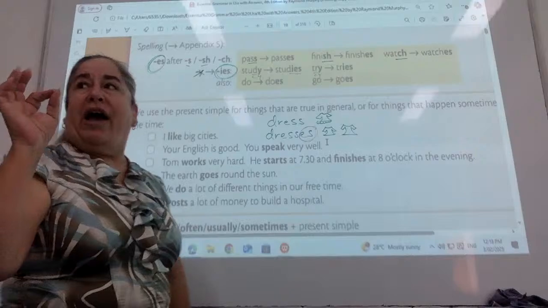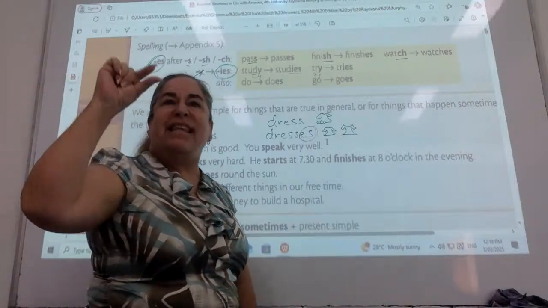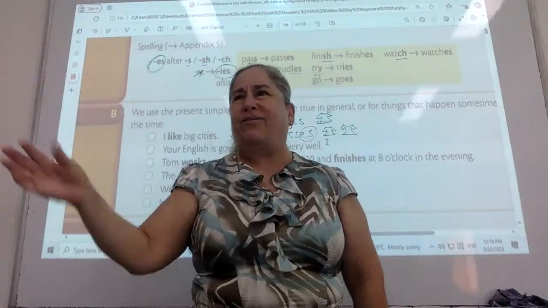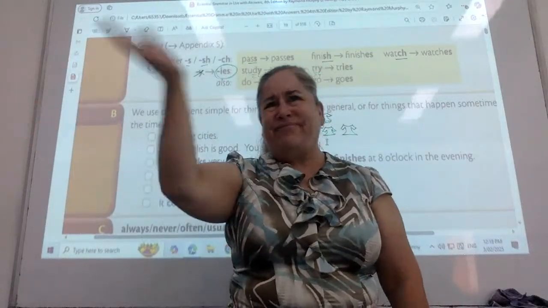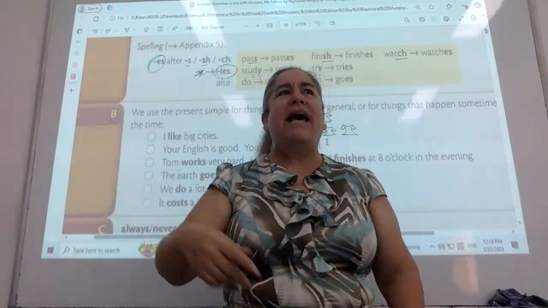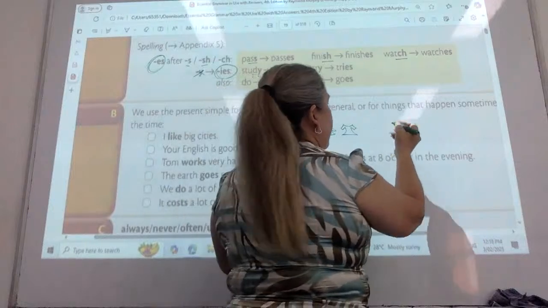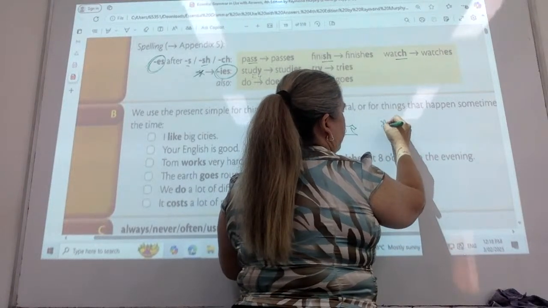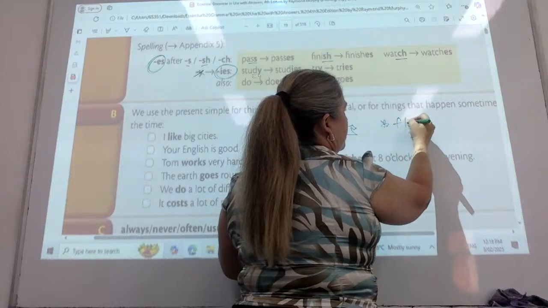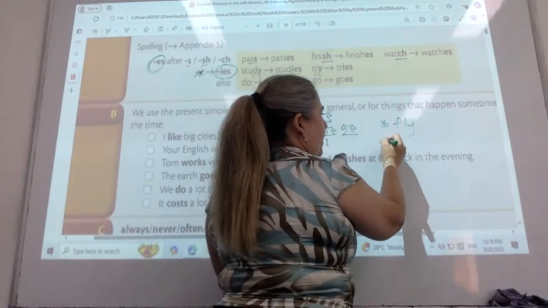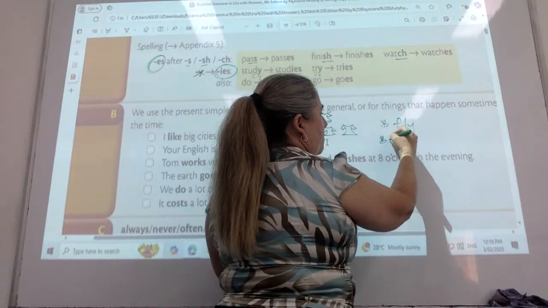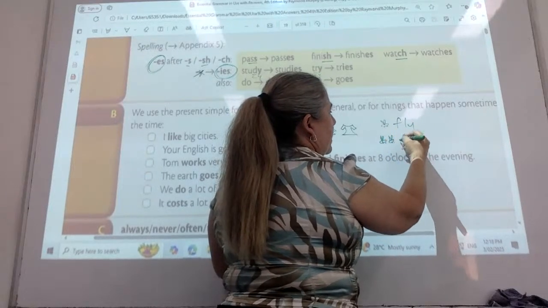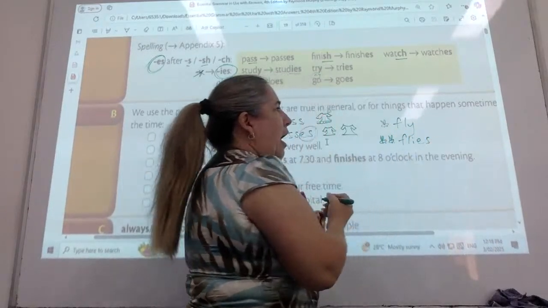Now, let's say the insect, so many in Australia, right? When you're walking, what's that? The fly. Yeah. So this is your fly. And if we have many, right? Now it's going to be flies.